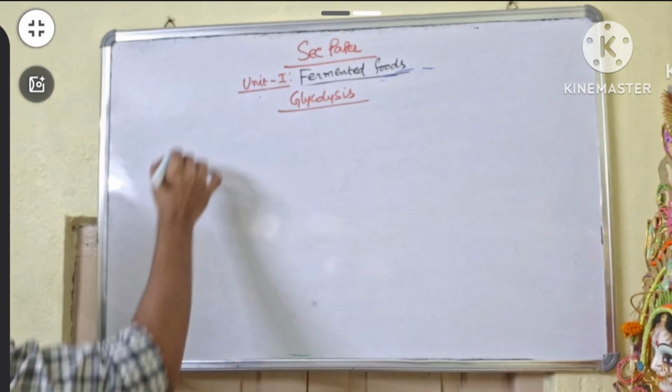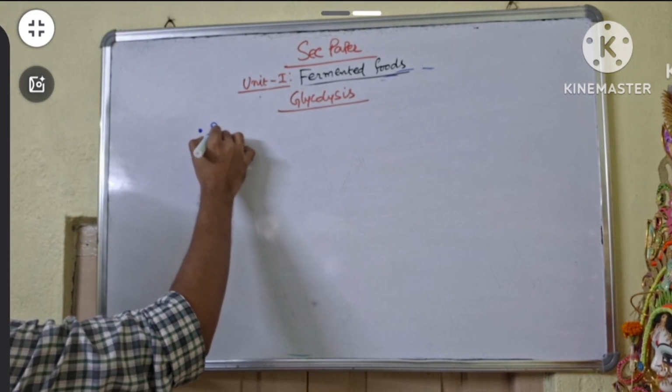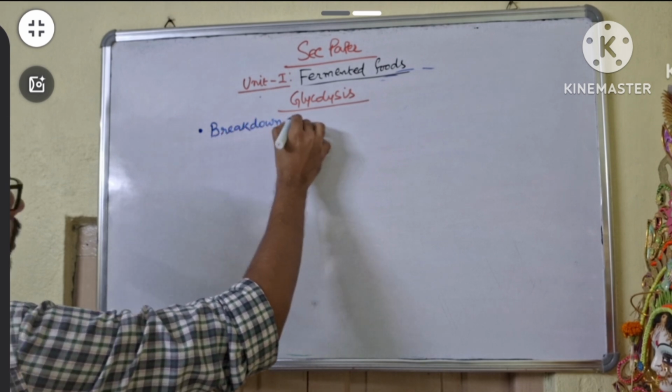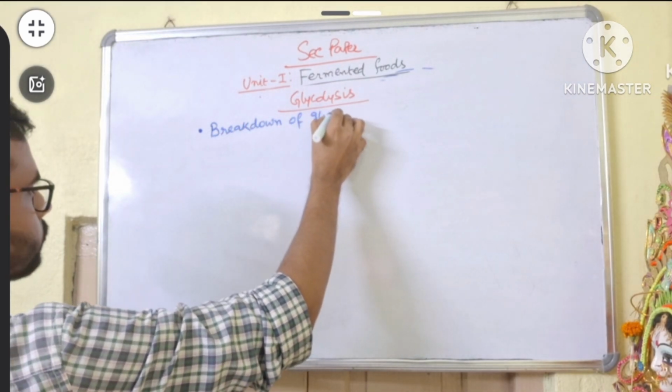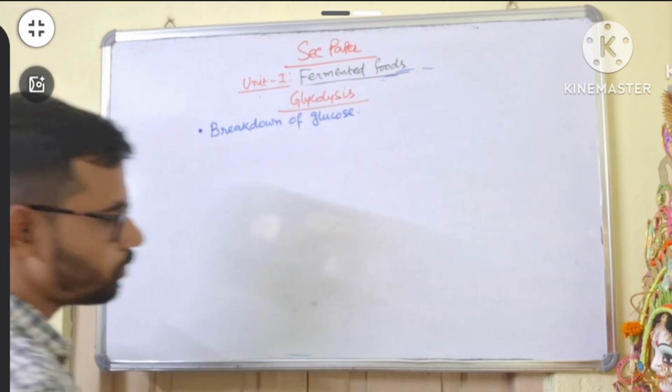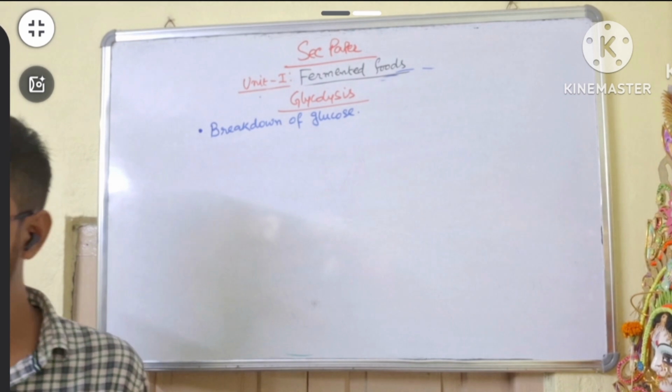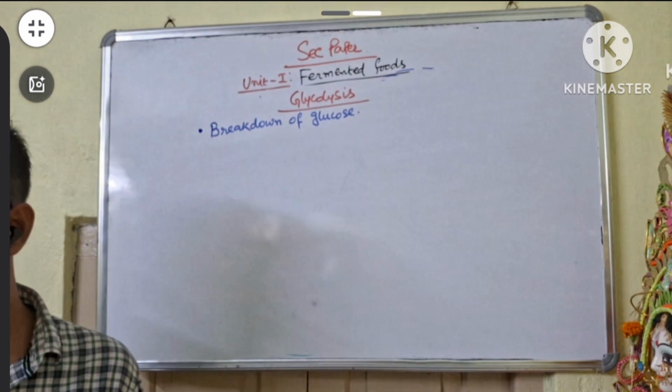Glycolysis means breakdown of glucose. Yes, we heard right. Glucose, that means carbohydrate, is the preferable source of any energy requiring metabolism.